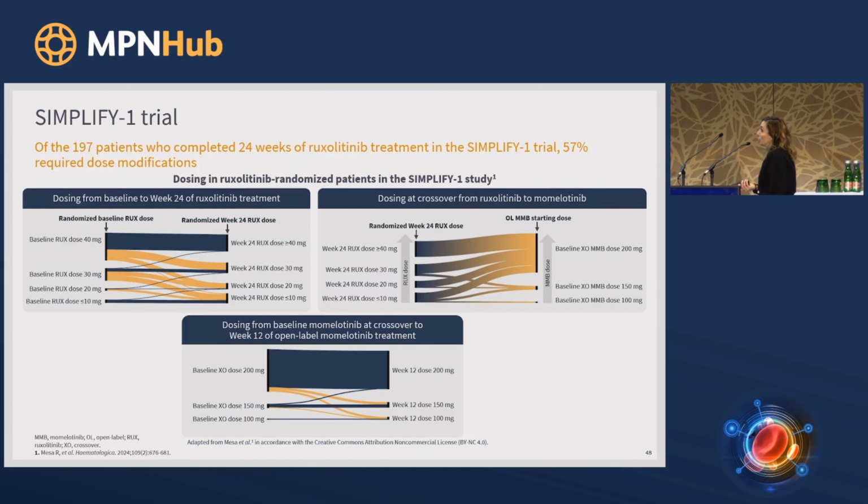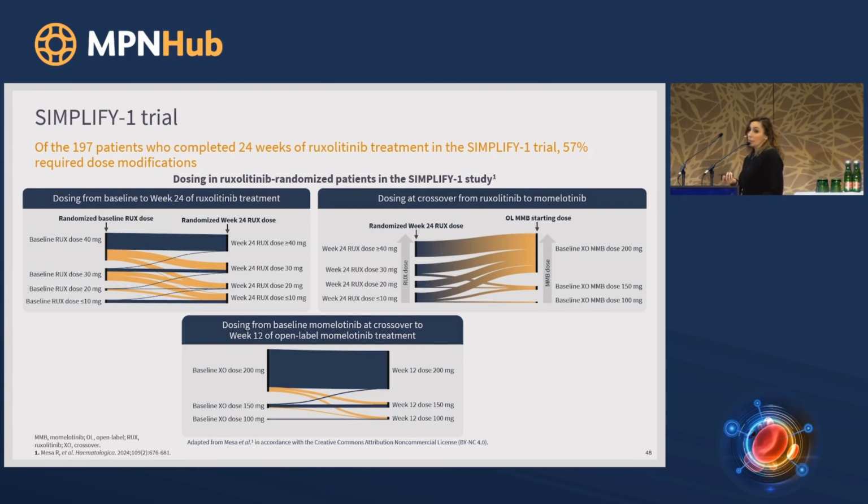In this retrospective analysis, including patients enrolled in the Simplify-1 trial who were initially randomized to ruxolitinib and then crossed over to momelotinib, it was demonstrated that almost 60% of these patients required dose modification during the first 6 months.